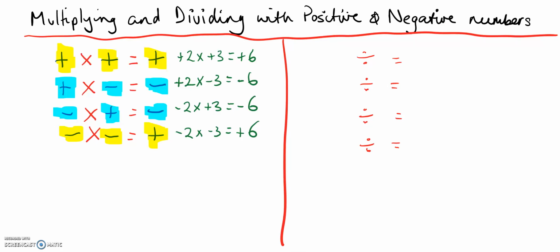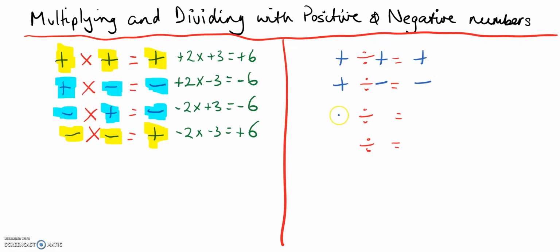Alright, so that's all pretty straightforward in terms of multiplying and dividing. Multiplying at least. Dividing takes exactly the same course. So again, if we were to look at a positive number being divided by another positive number, the result there would be positive. If we had a positive number and it was being divided by a negative number, the result there would actually be a negative.